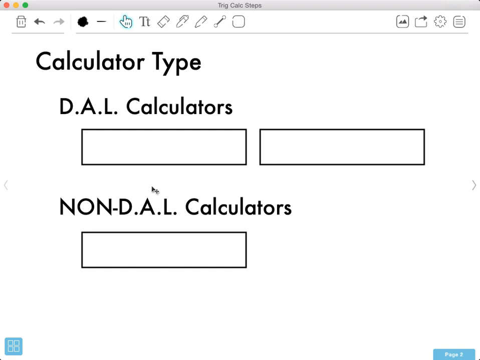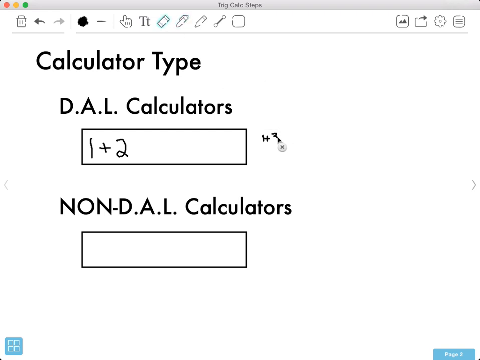But if you're not sure, you can try a very simple test to see what type of calculator you actually have. Try typing in 1 plus 2 into your calculator. If you see a 1 and a plus sign and a 2 show up in your screen, either on the main line or smaller above the main line, specifically the plus sign is what you're looking for.